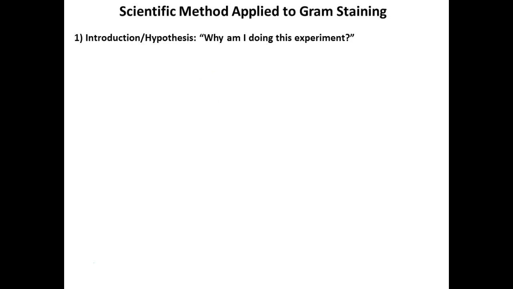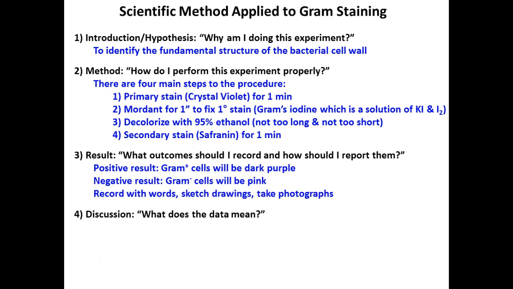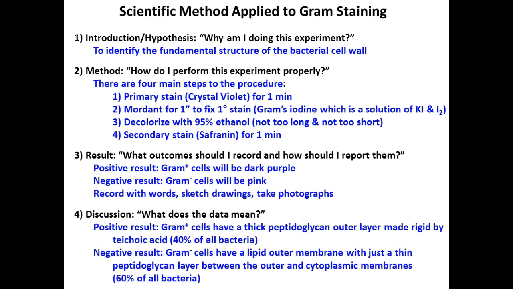We stain bacteria with the gram stain because we want to know, are they gram-positive or are they gram-negative? Because it helps us narrow down the possibilities basically in half. 40% of all bacteria are gram-positive. 60% are gram-negative. So if you have an unknown bacteria, like you will after midterm, this is going to narrow your possibilities in half.